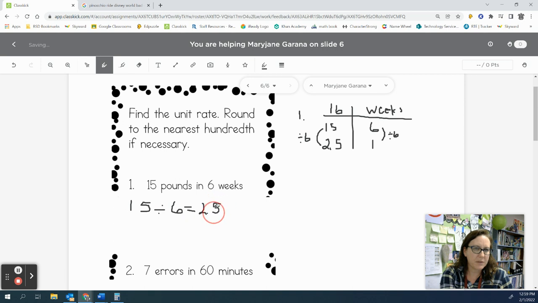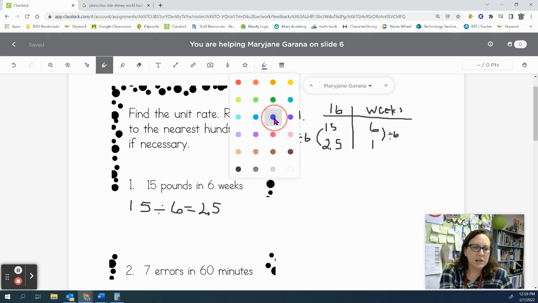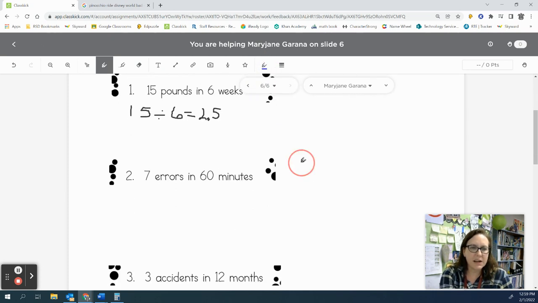I'm going to change my color. Now we've got 7 errors in 60 minutes. So I'm going to make my chart. And we're comparing the errors and the minutes.